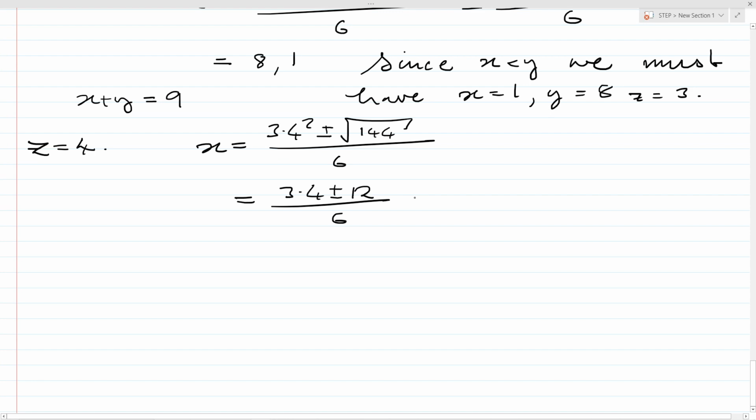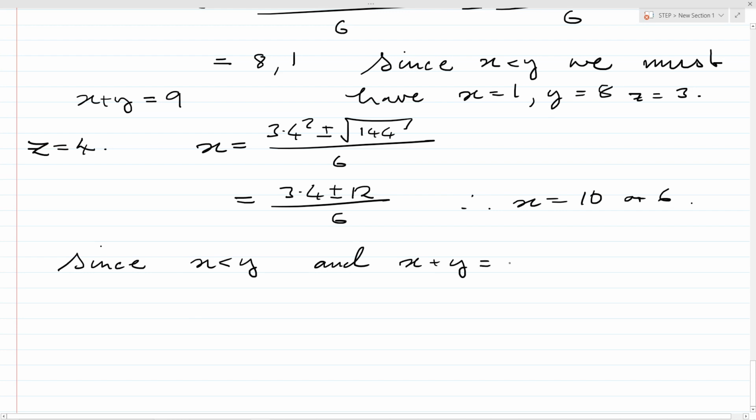And we can easily simplify that to find that x is equal to 10 or 6. Again, since x is less than y, and x plus y is equal to 16, we must have x is 6, y is 10, z is equal to 4.